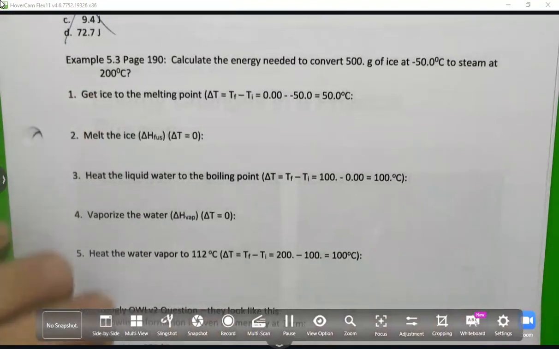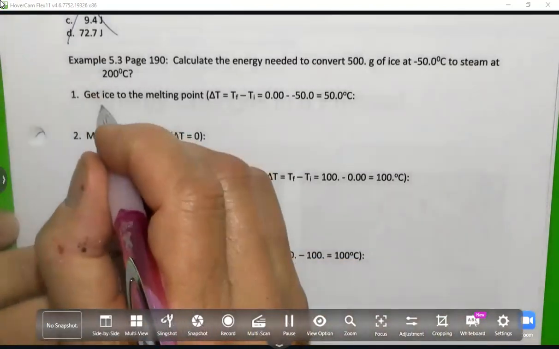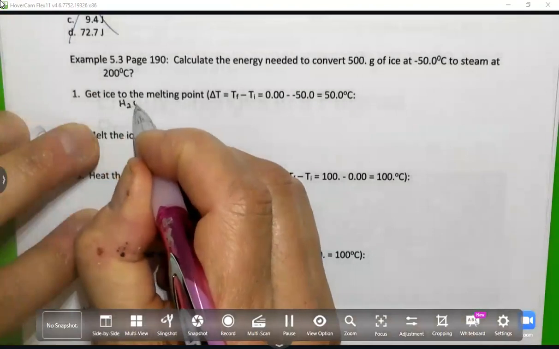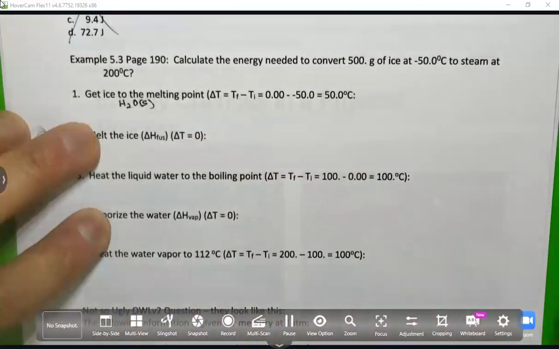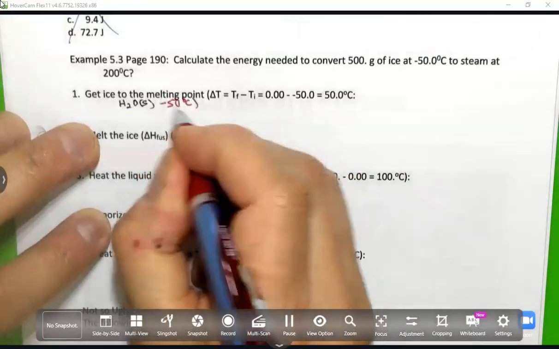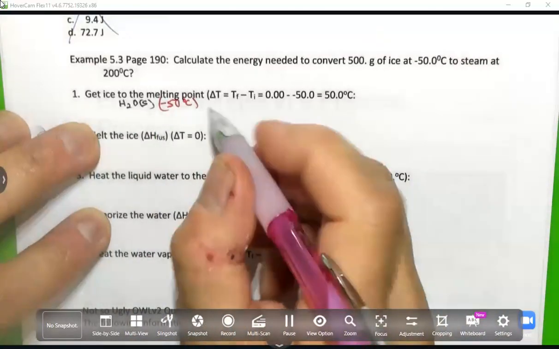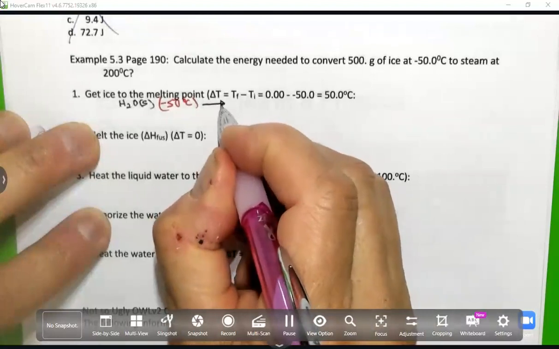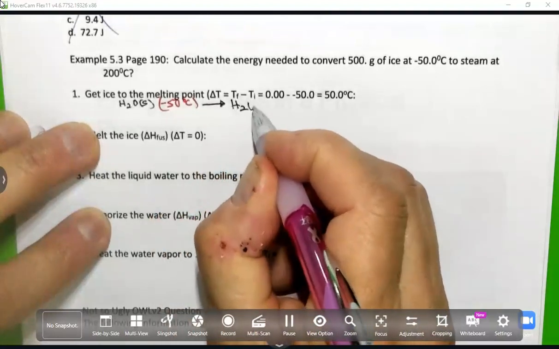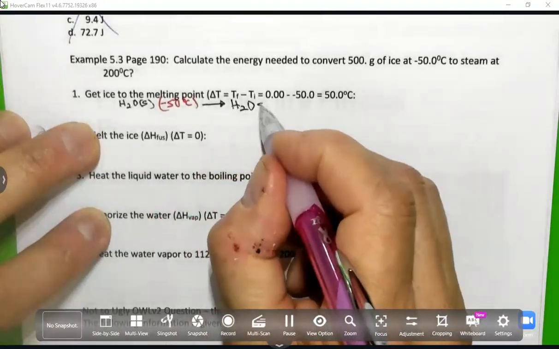Okay, so the first thing we need to do is we need to take our solid ice at -50, and we need to get that to ice at 0.